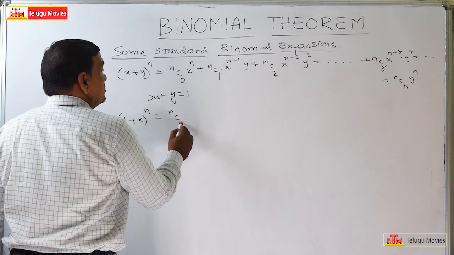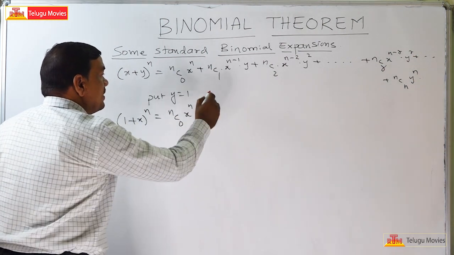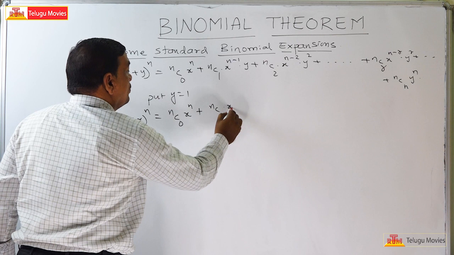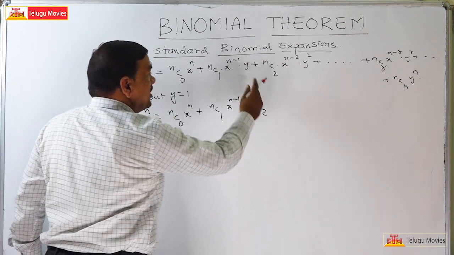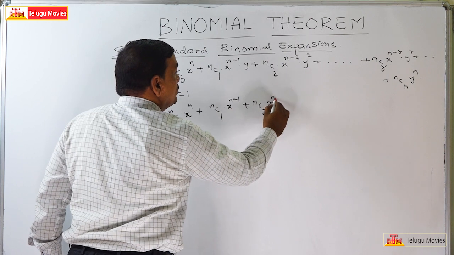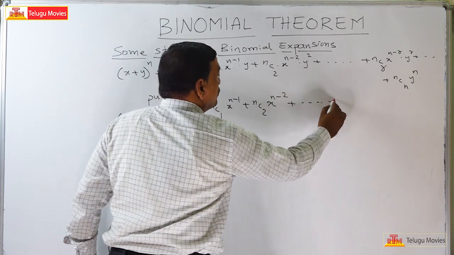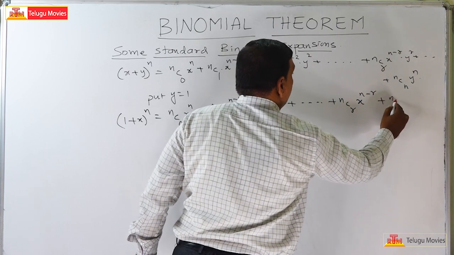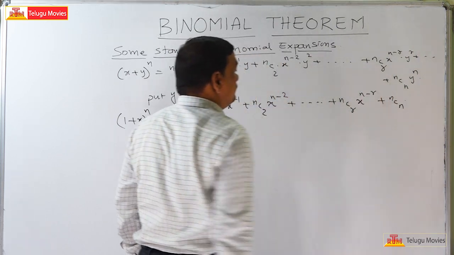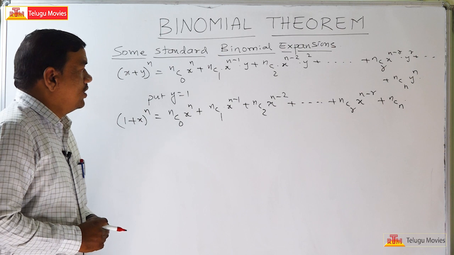So this is nC0 x^n plus nC1 x^(n-1), plus nC2 x^(n-2), so on, nCr x^(n-r), plus nCn.